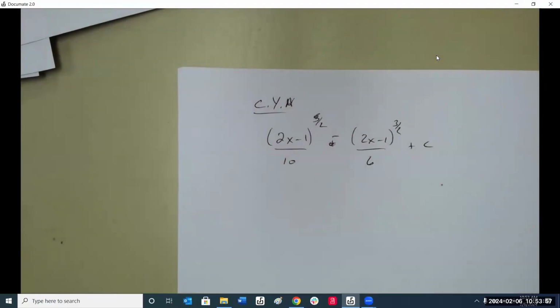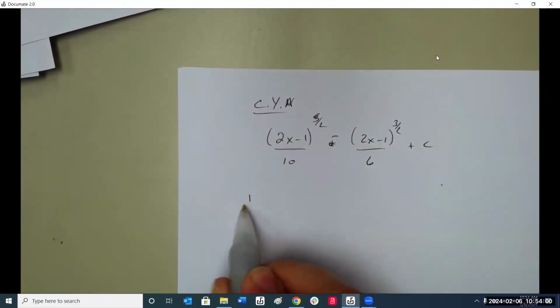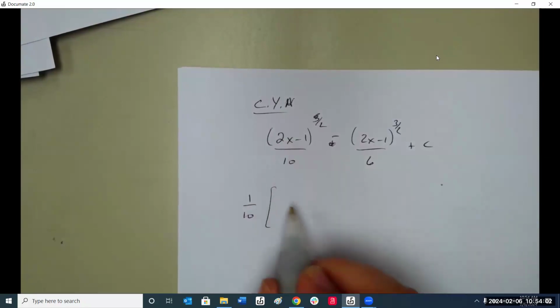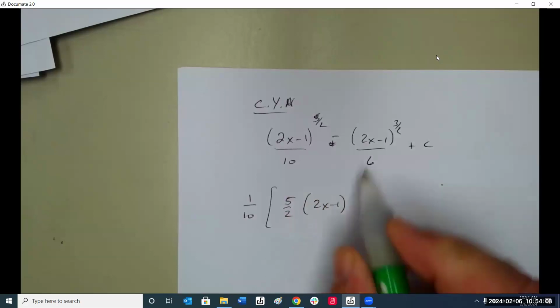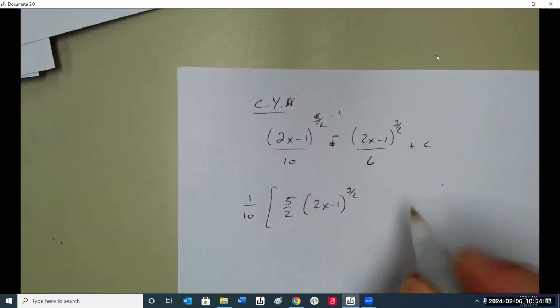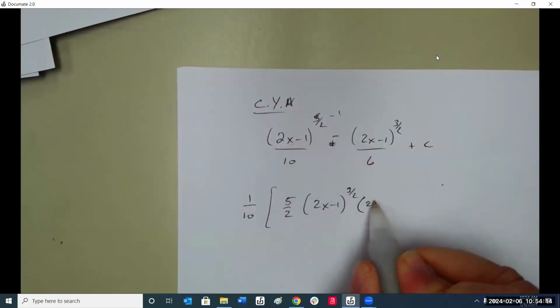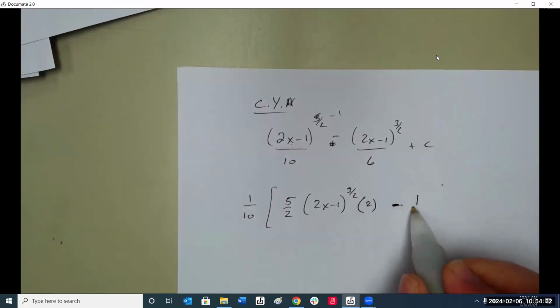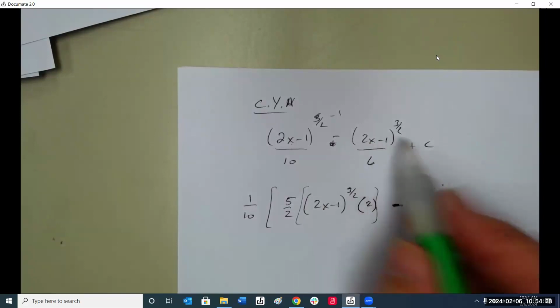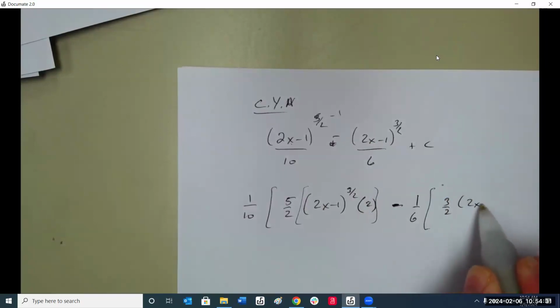Okay, let's take the derivative of that. Taking the derivative of the first one, we get 5/2 times 2x minus 1 to the 3/2 times the derivative of the inside. That's the first one. Minus the 1/6 term: 3 over 2, 2x minus 1, subtract 1 from that, you get 1/2 times the derivative of the inside.